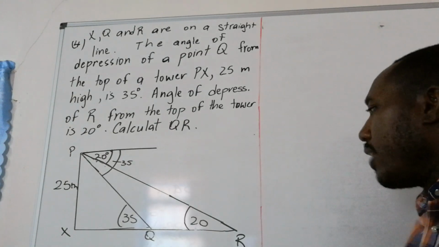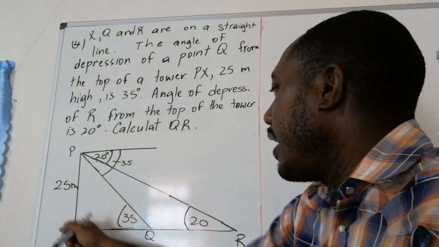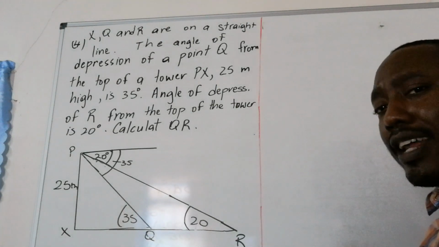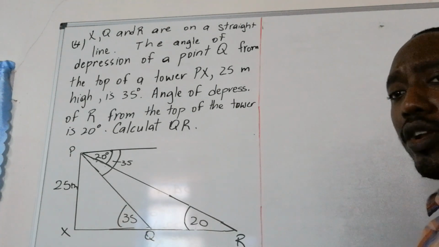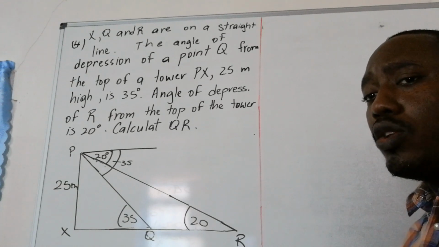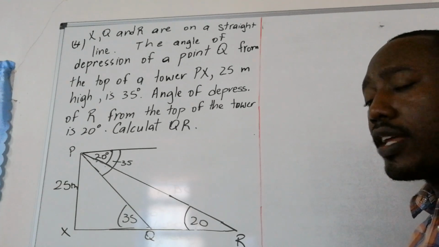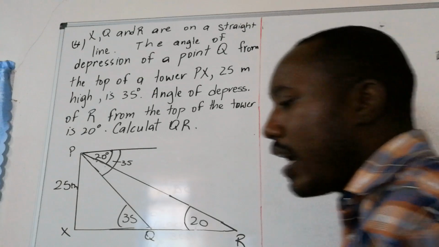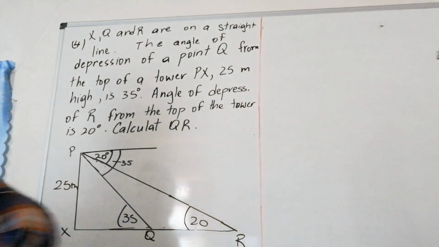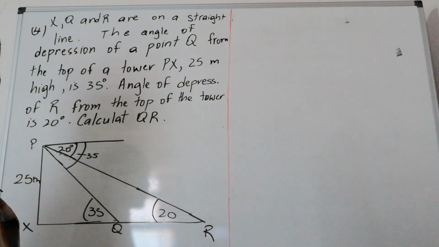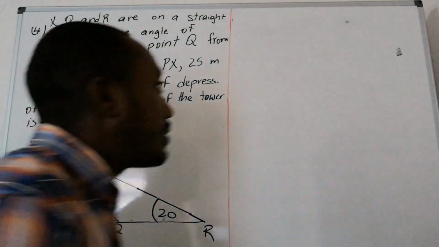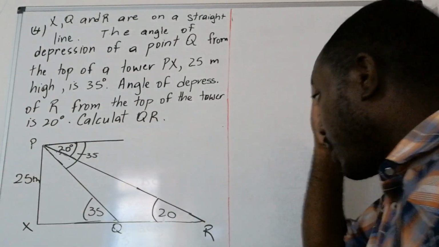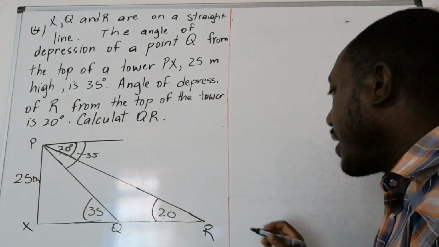So here we have the opposite and we need the adjacent. And time and time again, we were doing opposite and adjacent, and we know that the opposite and the adjacent is tan. We have to use our tan ratio for that. So let's find XR.